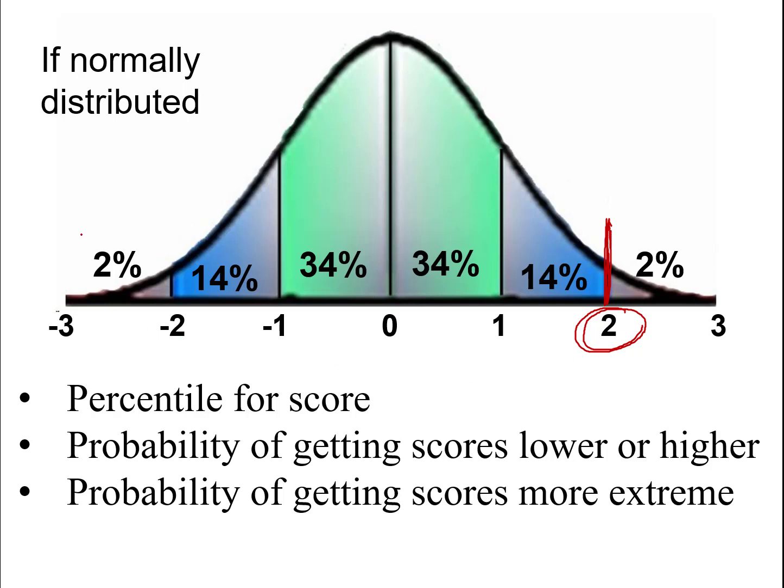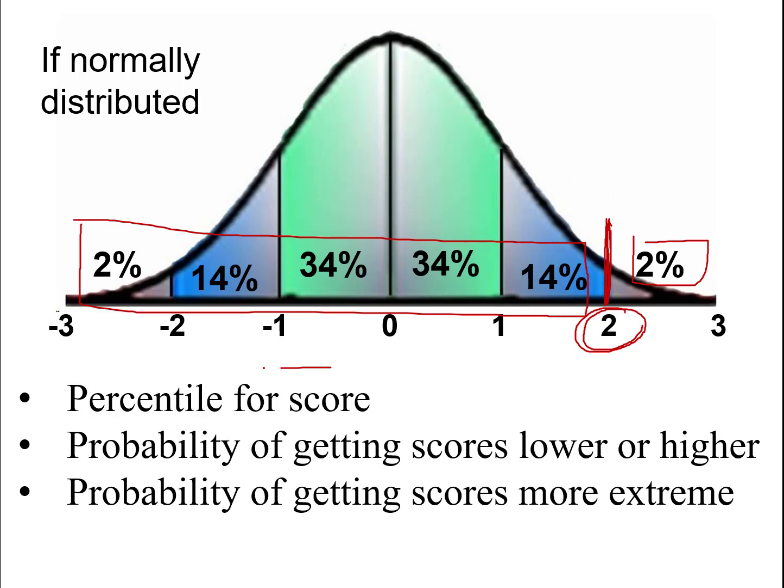And it will always be true that 98% of the scores are below that point, and 2% are higher than that point. And so we could determine that person's percentile. If you have a z-score of 2, you will be at the 98th percentile if the data are normally distributed. We could also determine probabilities.